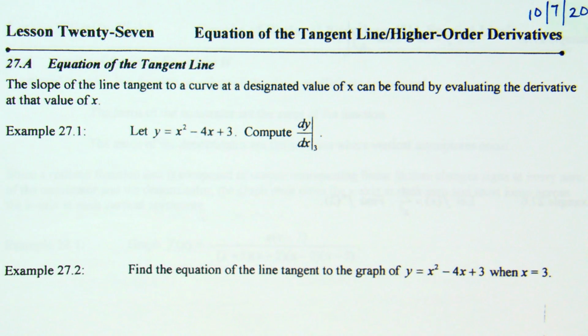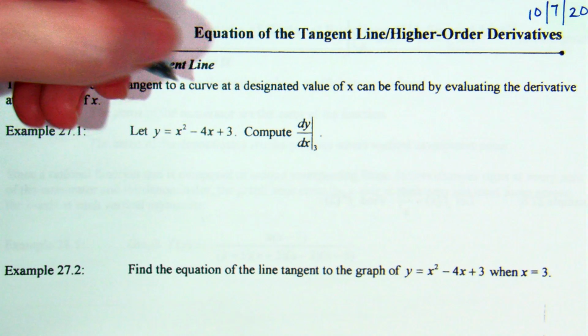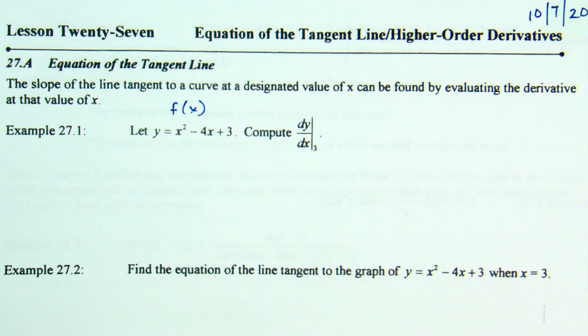y equals x squared minus 4x plus 3. That is our given function. We're being asked to find dy dx evaluated at 3. So we're being asked to find dy dx when x equals 3. Think of that y equals as your f of x.